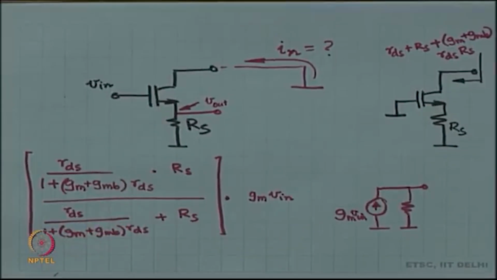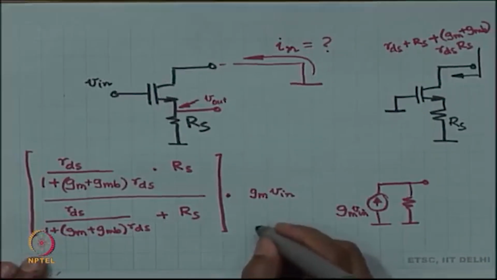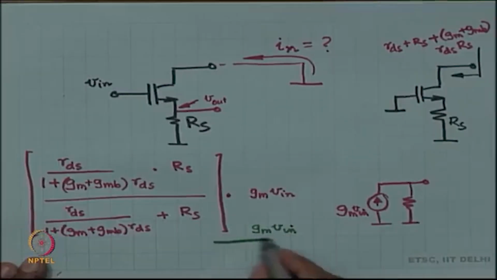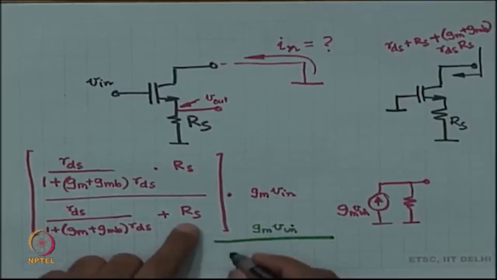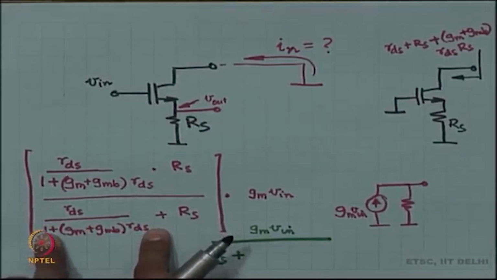If you had done two conductances in parallel instead of resistors, then you would have just done G1 plus G2, and in that case the expression would be the same GM V in over here, but instead of a multiply it would be a divide by GS, and that is in parallel with this conductance.